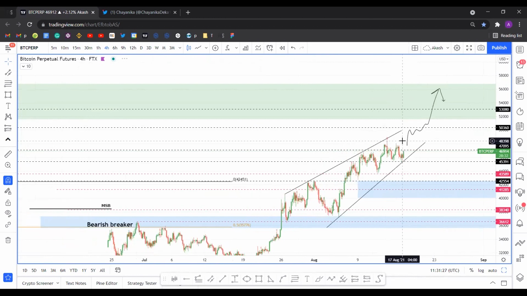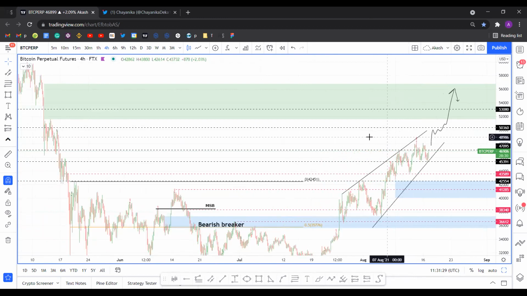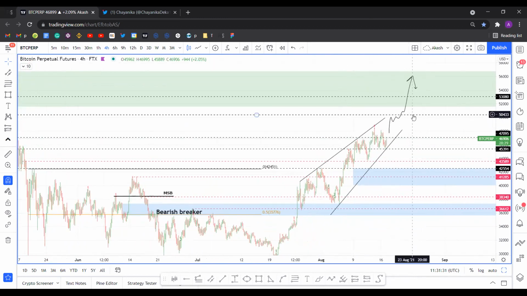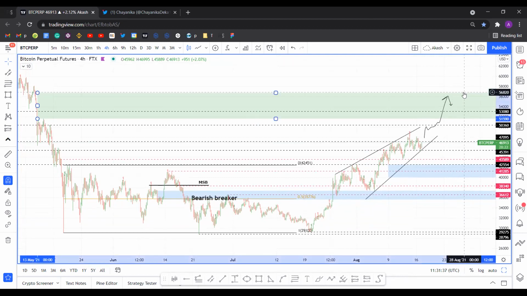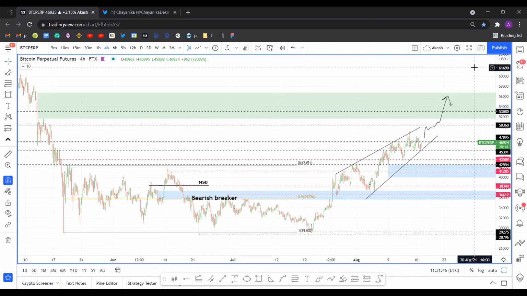And the only resistance for Bitcoin right now is this 50k level. Clearing this would essentially be free real estate for Bitcoin, at least up to 56k for me. So I'm looking at 50k. A break of this would push Bitcoin to 56k. But anything beyond that, it's uncertain for me right now.